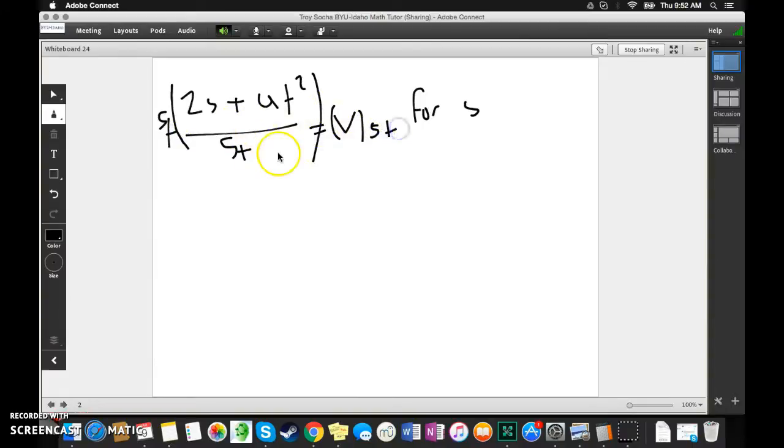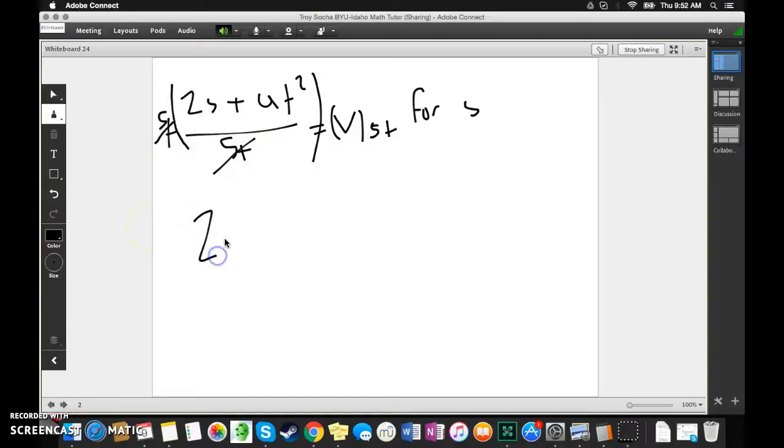And this is a rule for fractions to remember. You can only remove fractions if they're alone on one side. If this was 2s plus at squared over 5t plus 2, we would have to subtract the 2 before we could remove the fraction. This removes because the 5t ends up on top and then is subtracted there, and we'll discuss that in another algebra video.